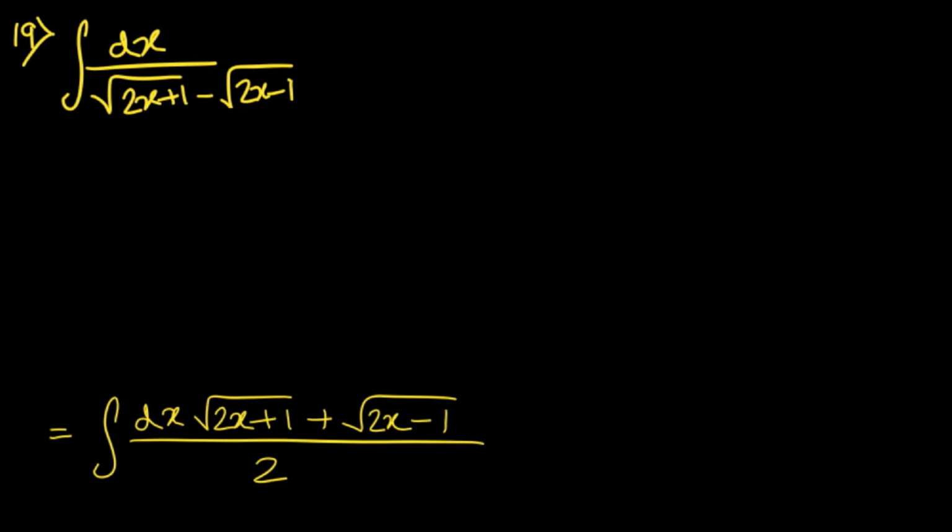So on considering 2x plus 1 as z square, 2 dx is equal to 2z dz, differentiating both sides.